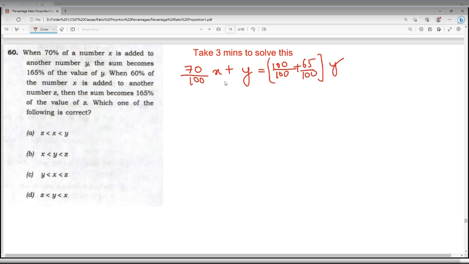So this is 70x, or this can be written as 100 by 100 plus 100Y.